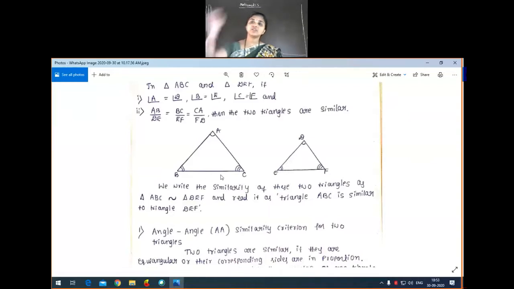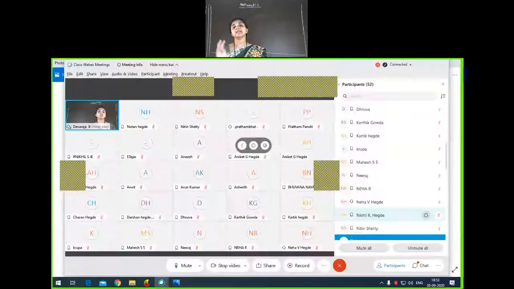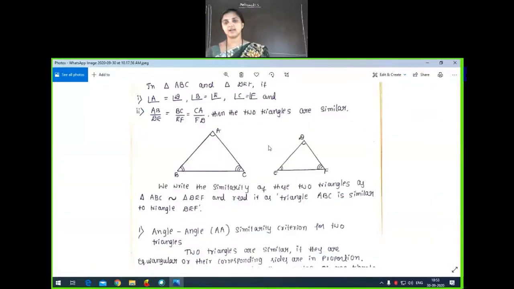So what is the difference from the congruency of SAS? In congruency, two sides and the included angle of one triangle are equal to two sides and the included angle of the other triangle, then the two triangles are congruent to each other.